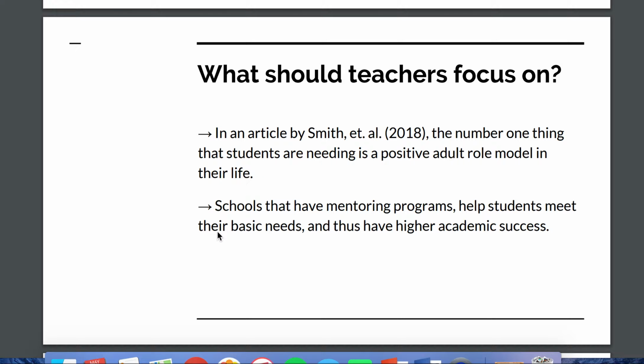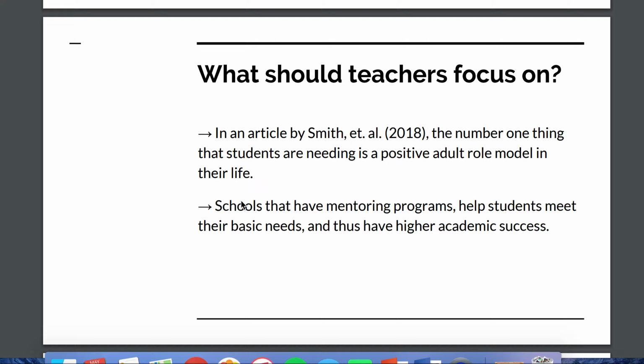And then the way this all comes together is an article by Smith and a few other authors. The number one thing that students need is a positive adult role model in their life. Schools that have mentoring programs help students meet their basic needs and thus have higher academic success, right? So teachers that want students to perform better, we've got to get these basic level needs met.